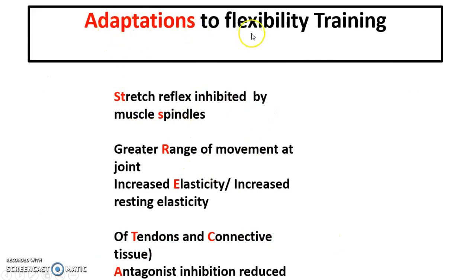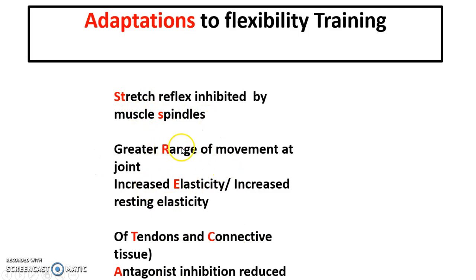Now, if we go on to adaptations to flexibility training, I'll put these down here. What I would just like you to have a go at is this. If these are the key things that adapt as a result of flexibility training, the 4 or 5 stretching techniques we've talked about, this is what will happen. So I'm just going to let you read those.